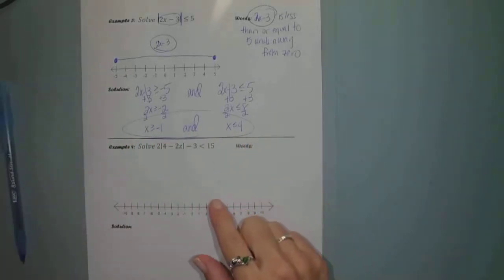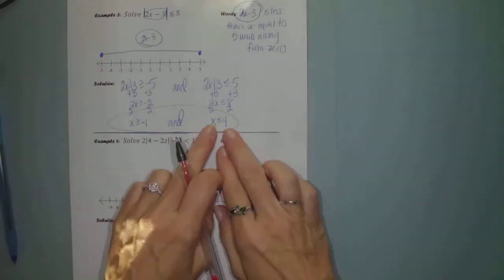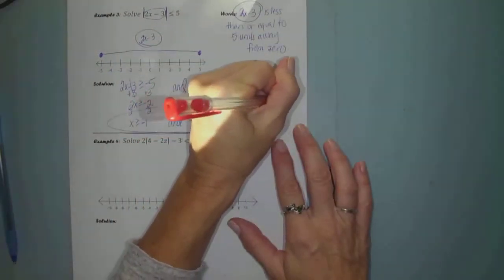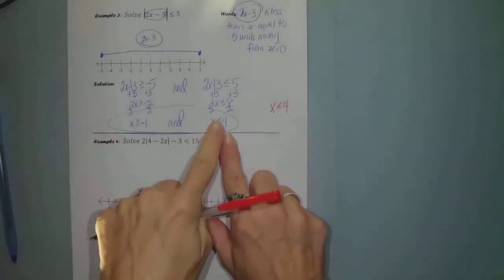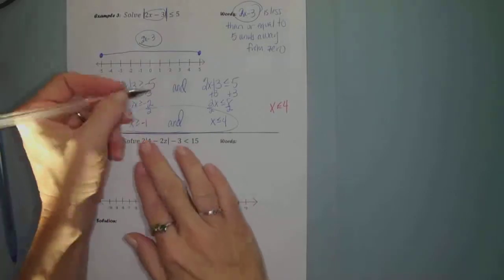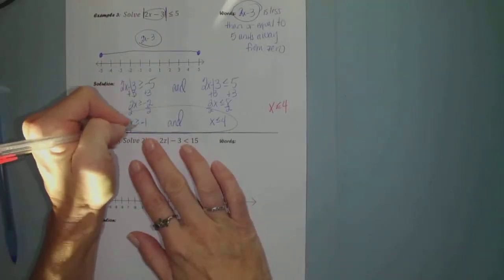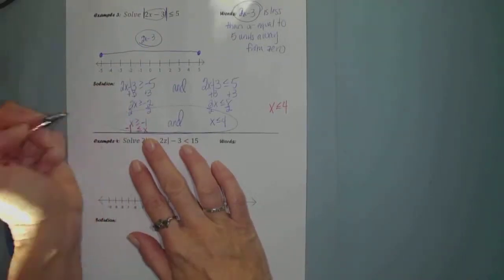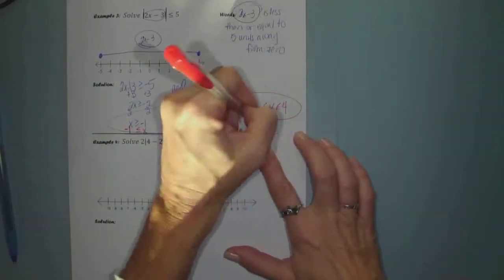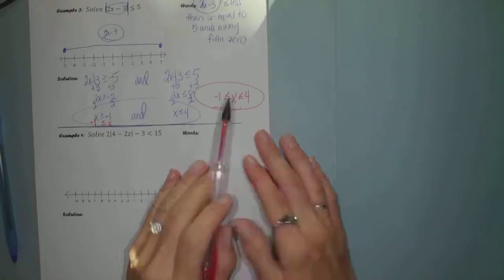Now, if I want to write that fancy, I'll take this part first. X is less than or equal to 4. And to attach this part on, I'm going to flip that 180. So the negative 1 will come down here, the x to the right, flip the symbol, click and drag that over here, and you've got yourself a fancy inequality. So here it is.